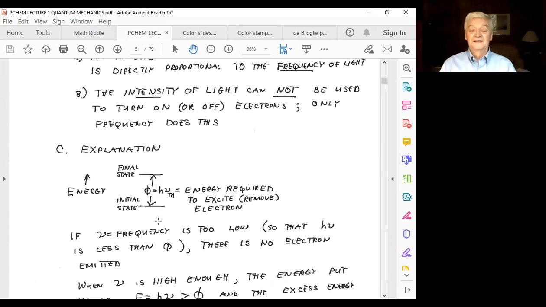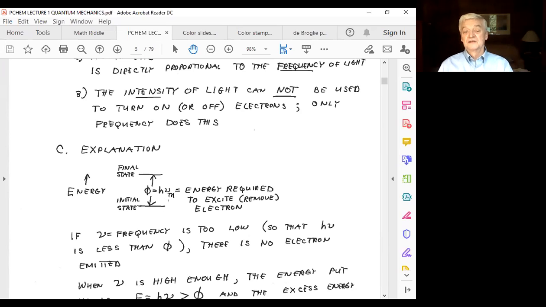So what we need in this experiment is that much energy to kick the electron from its lowest state to where it can actually be released from the atom or ion. So the final state represents the case where the electron is free to fly off. So this is the threshold energy.